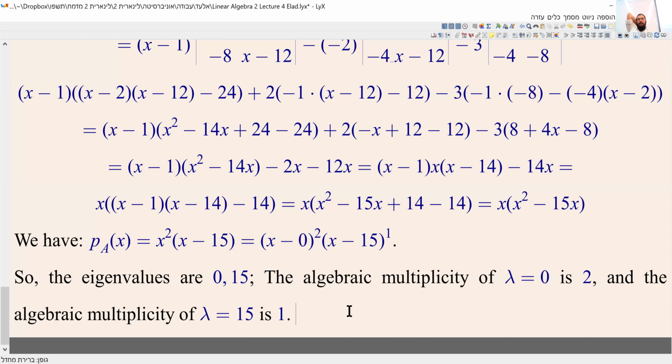Right here, I want to refer to lambda as a root of the characteristic polynomial. It's like some specific number, while the polynomial itself should be written with the general variable. So I need the two letters. I choose lambda and x. But when this distinction is not needed, we can use just lambda or just x.